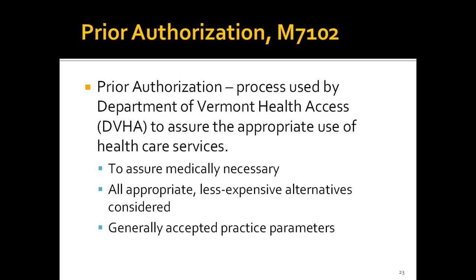Less expensive doesn't mean least expensive. Again, it needs to be medically necessary and it needs to be appropriate for the individual. And finally, they'll look at whether the device is typically provided within the practice parameters of that practitioner. So, for example, is it something that would typically be provided by an OT or a speech therapist?